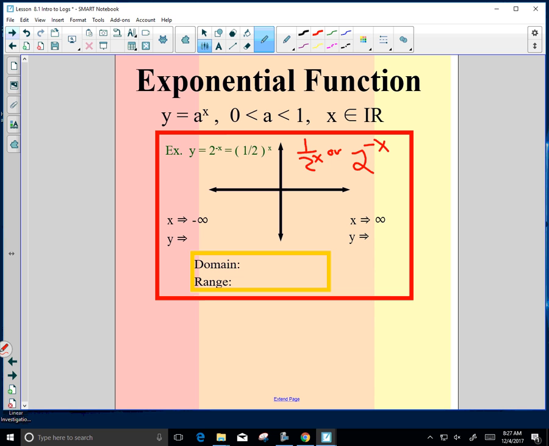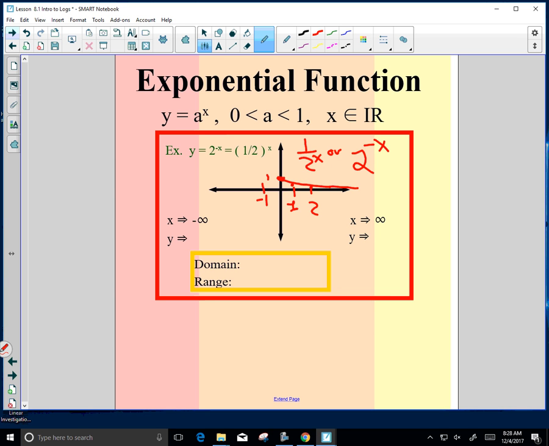These are all the same thing, right? So when you go 2 to the negative x, what's 2 to the 0? 1 again. And then what's 2 to the 1? Well, negative 1 is just going to be 1/2. 2 is going to be here. And so this is going to go that way.